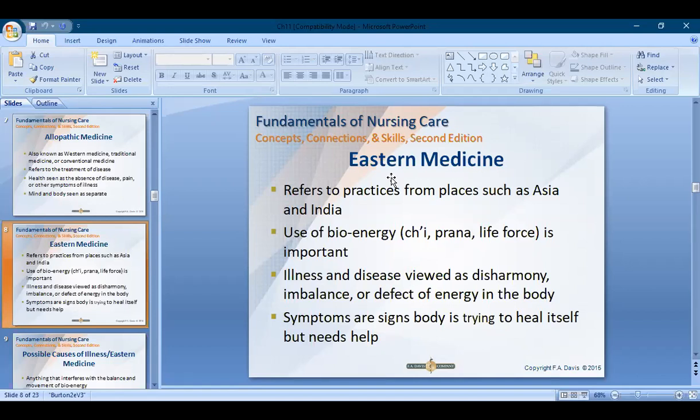So basically, Eastern medicine is collected from plant origin, and they use the term bioenergy, right? Bio means biology, or related to life. So it is the science dealing with medicine and life, collected from plants.